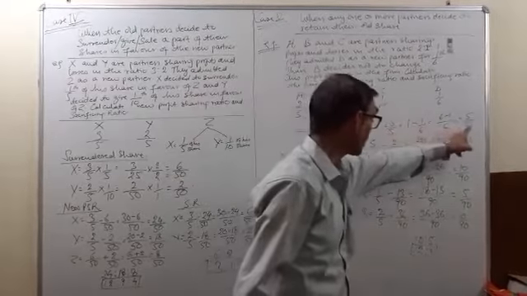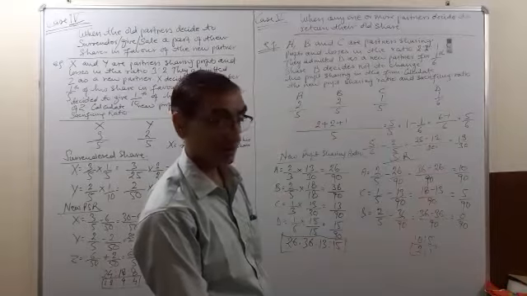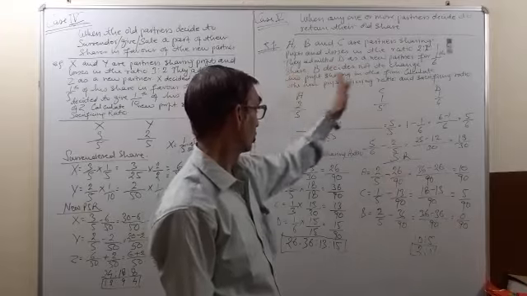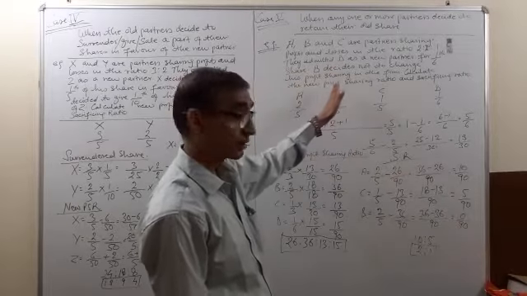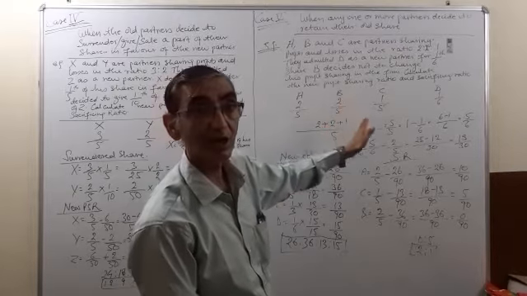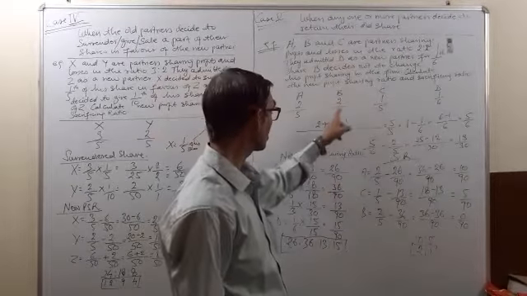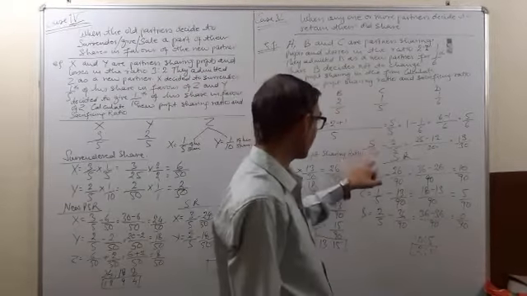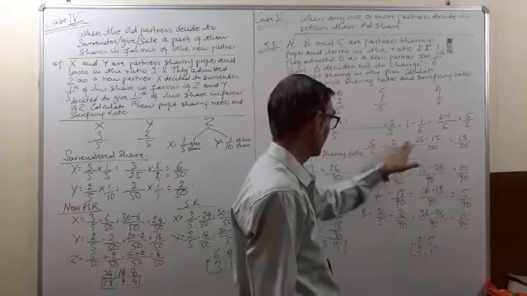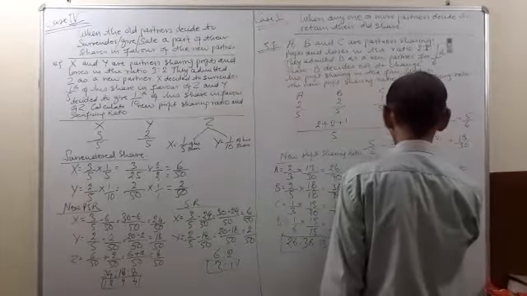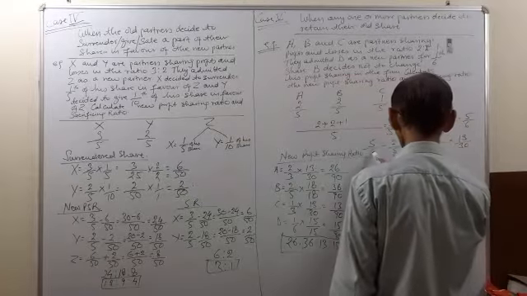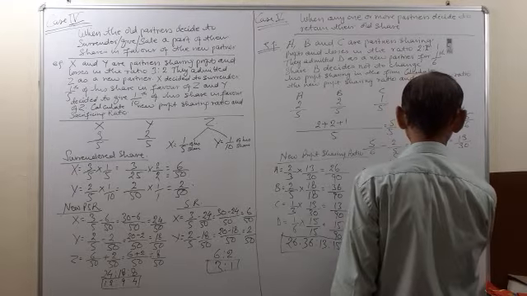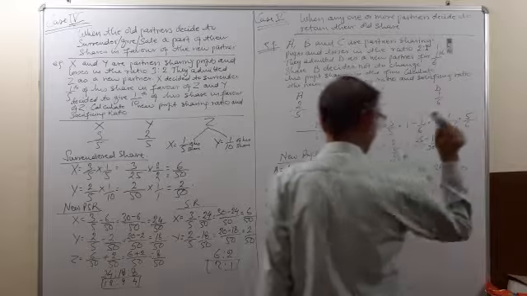Now from this 5 by 6, the balance share left after considering the new partner's share from the total of the old share, we will subtract the share of the partner who wants to retain his original share. So B wanted to retain his original share and his original share was 2 by 5. So from 5 by 6 we will subtract 2 by 5. 6 5s are 30, 5 5s are 25, 6 2s are 12. 25 minus 12 is equal to 13 by 30.